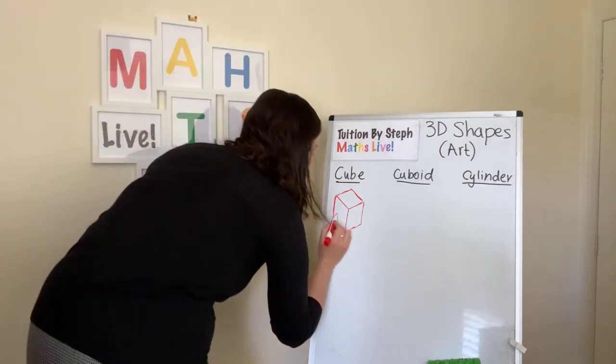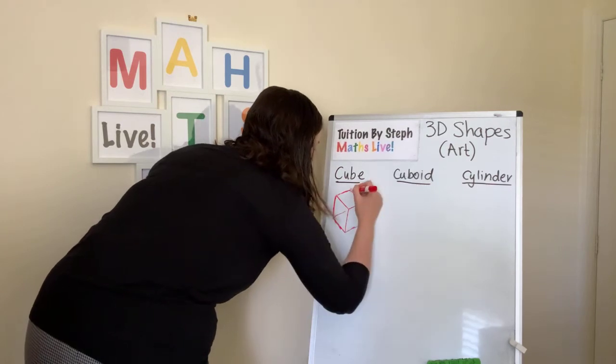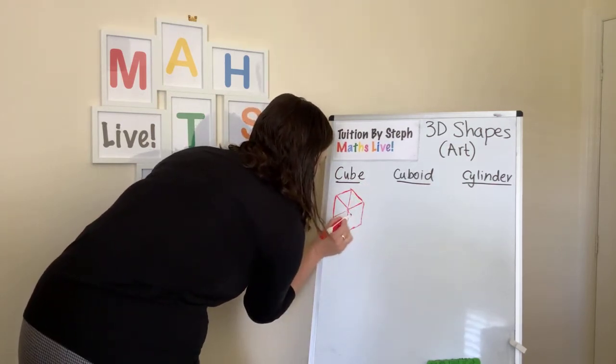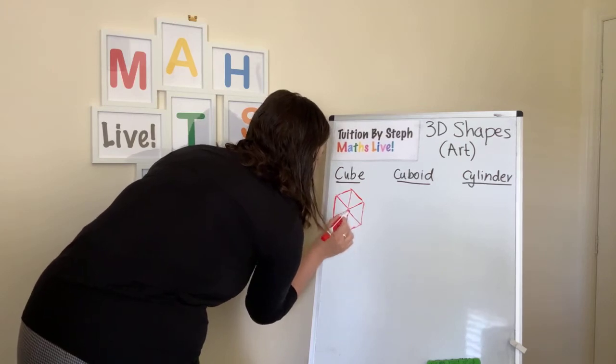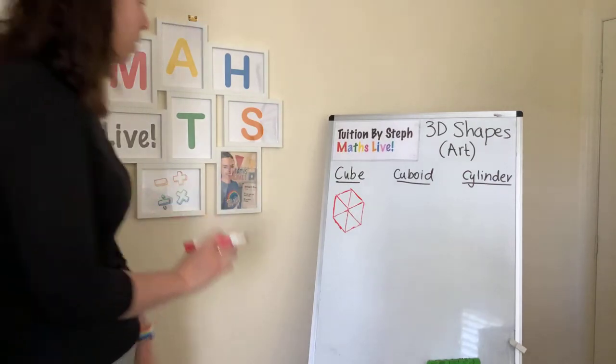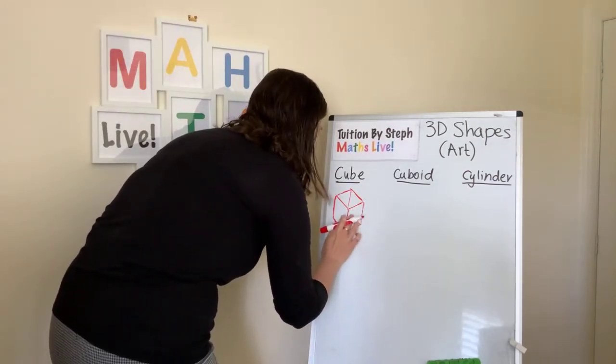You can do, if you like, the inside lines as well, if you wanted it to be see-through. Just make sure everything is parallel. If you don't want to, just keep it as it is, then that's fine.